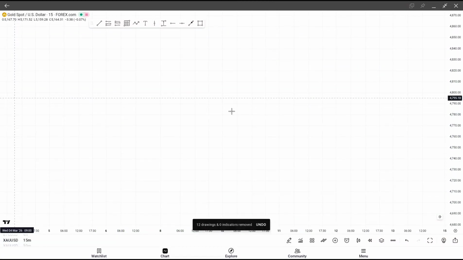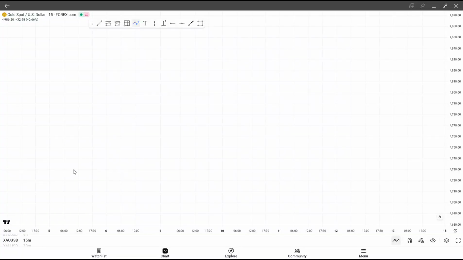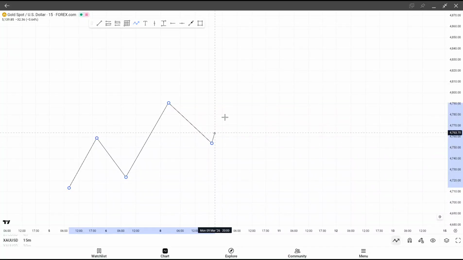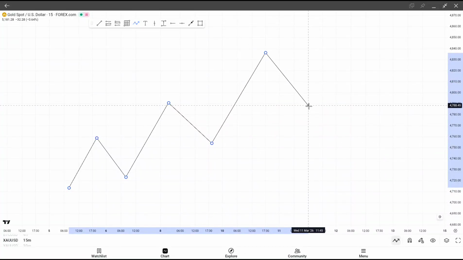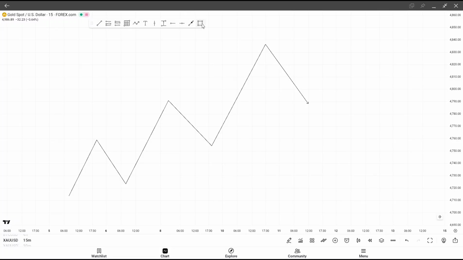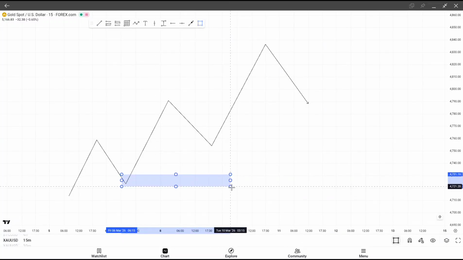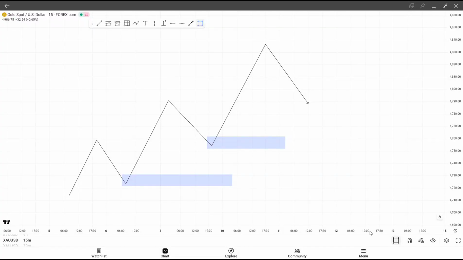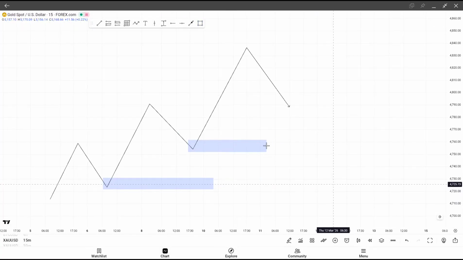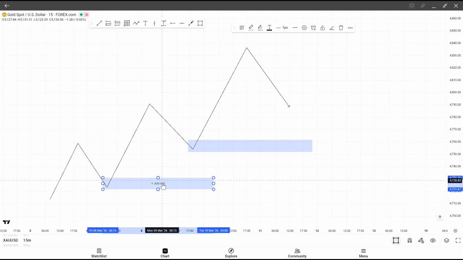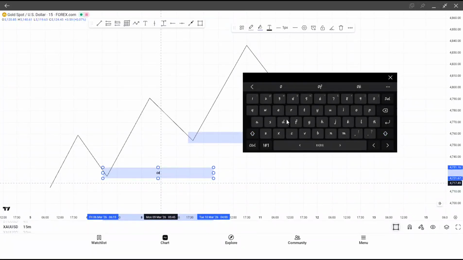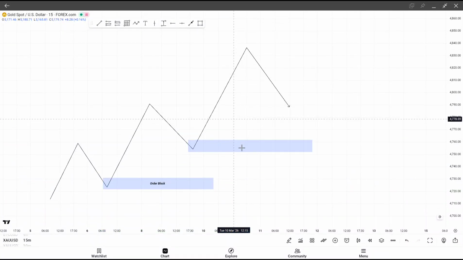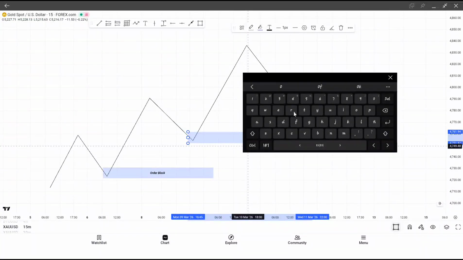Let me teach you where the order blocks and breaker blocks are located in the market. Let's say, for example, this is a bullish market. Okay, higher highs, higher lows, and everything. The order blocks in the bullish market are located in the extreme zone. Normally, most of the time you see them in the extreme zone. So their function, let me type order block.